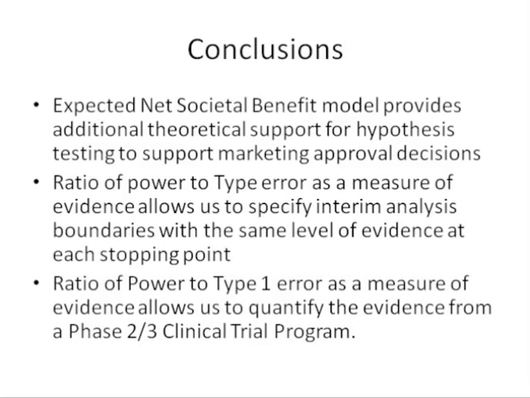And the ratio of power to type 1 error used as a measure of evidence allows us to quantify evidence from a phase 2-3 clinical trial program, while frequentist and Bayesian approaches to summarizing evidence have problems addressing this.